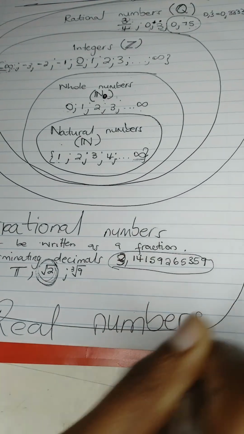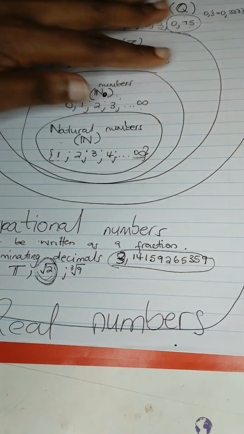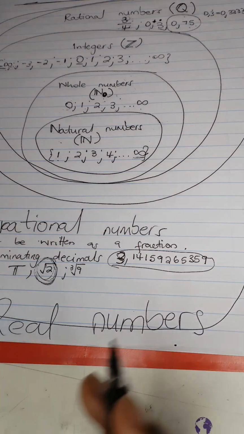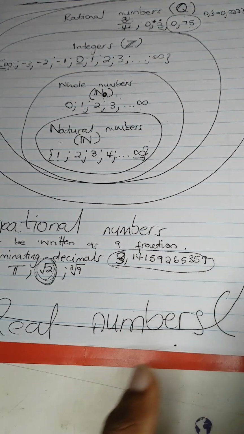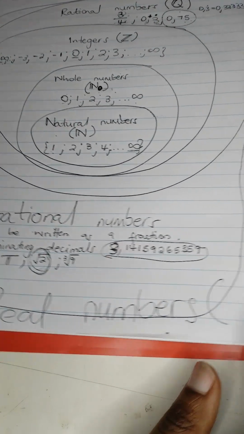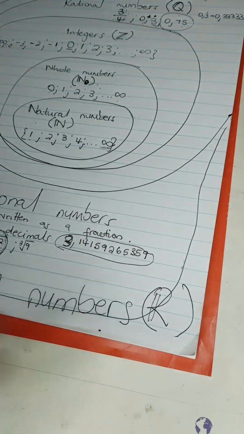Meaning that when we talk about real numbers, you now consider all of the numbers that are in a number system. Real numbers are denoted by a capital letter R.